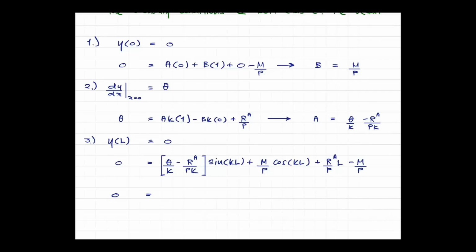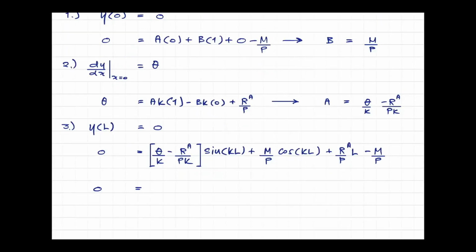The equal sign. Okay. M over P out there, just group them up. M over P, so we have the cosine KL minus 1.